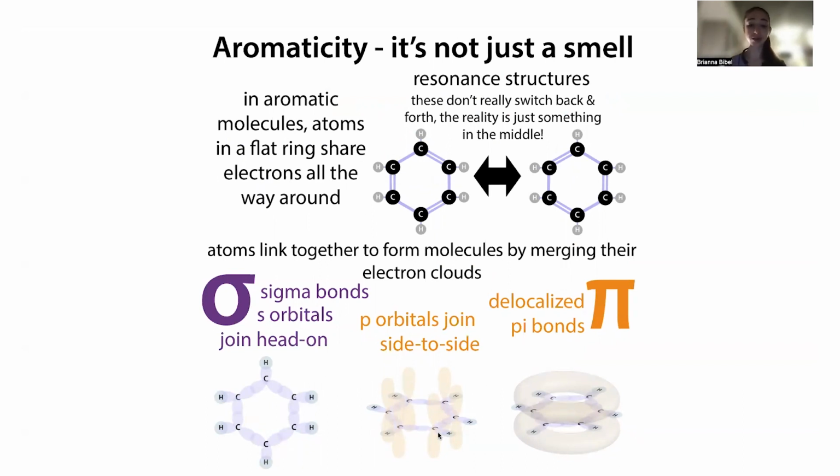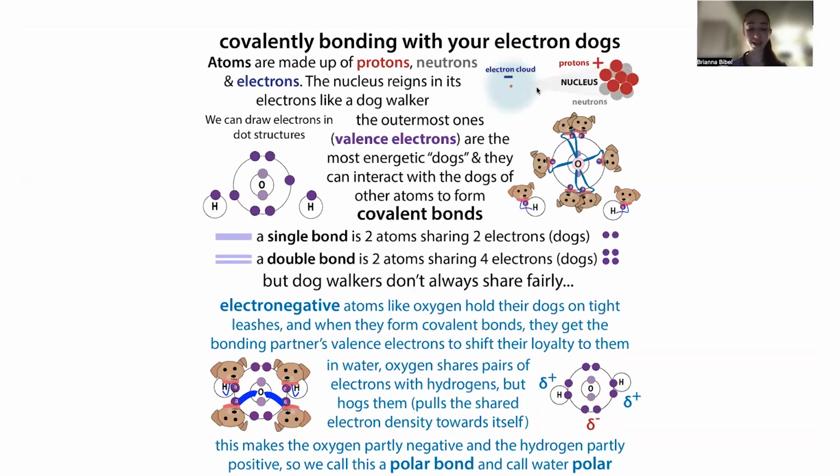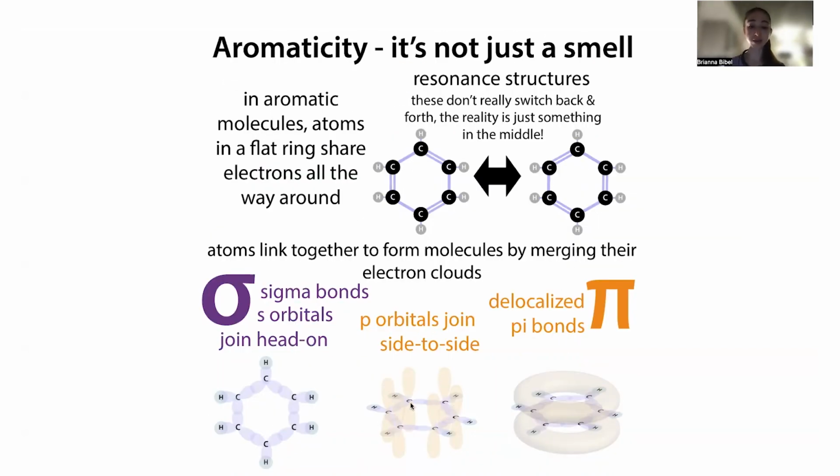When we talk about sharing pairs of electrons, it's really more like overlapping regions of their electron clouds, where the electrons hang out. And these have different shapes of orbitals, places in those clouds where the electrons like to hang out. It's much more complicated than I can go into here, but in the case of this resonance, we're talking about p orbitals, which form these hourglass structures above and below the plane.